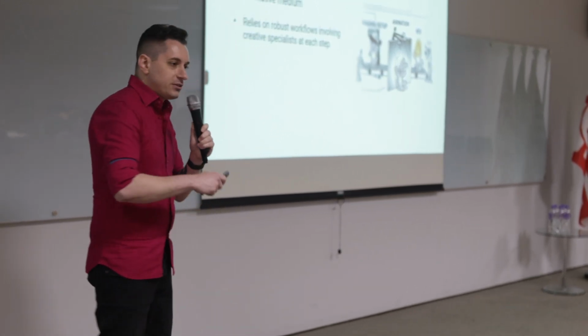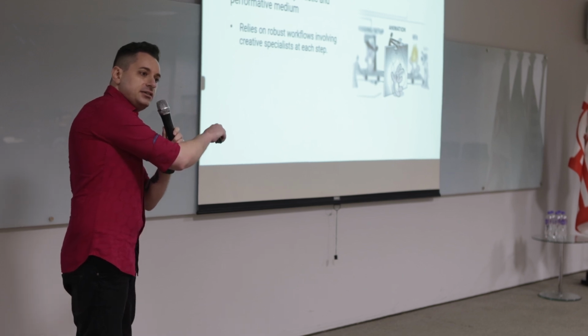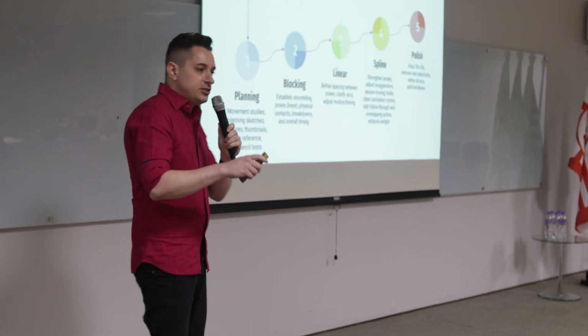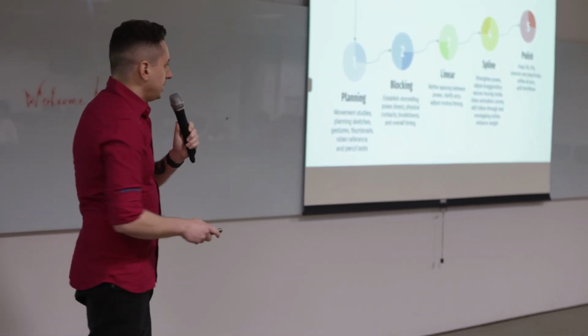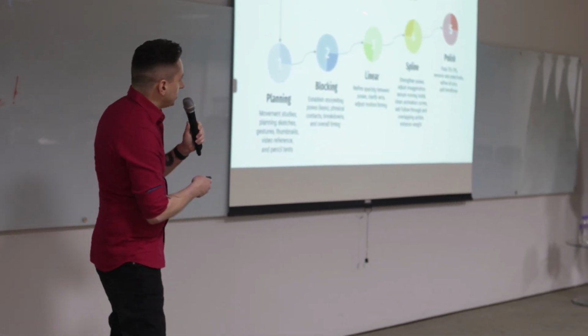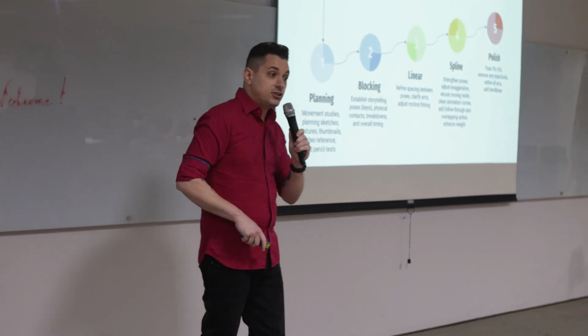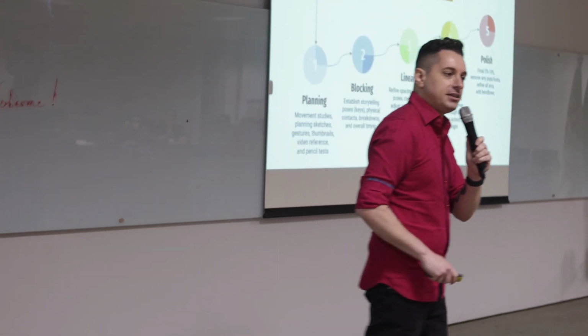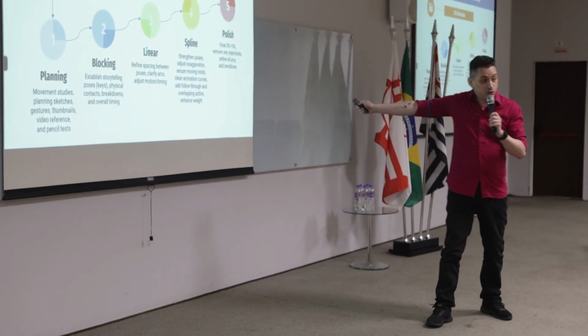There are robust workflows at every stage of that process, but specifically I'm looking at this step right here. And that step has a lot of little sub-steps to it as well. Within the process for 3D animation, there is a bunch of planning that needs to be laid down right at the start to give us a good result in the end.